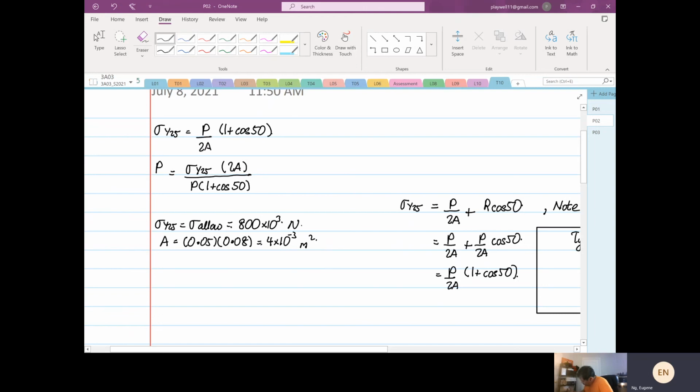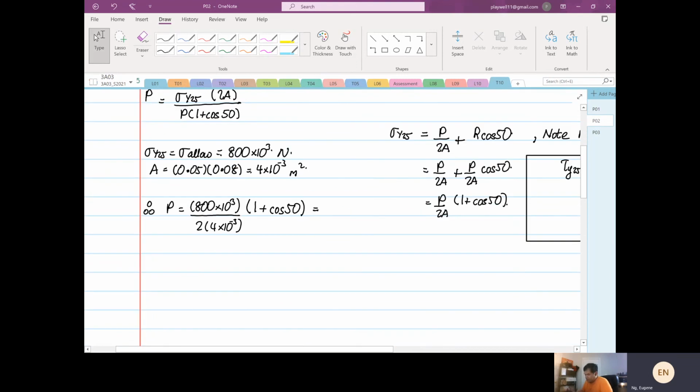So this is in Newtons. P is equal to 800 times 10 to the power 3, divided by 2, 4 times 10 to the power minus 3, times (1 plus cos 50). So the load due to the normal stress is equal to 164.